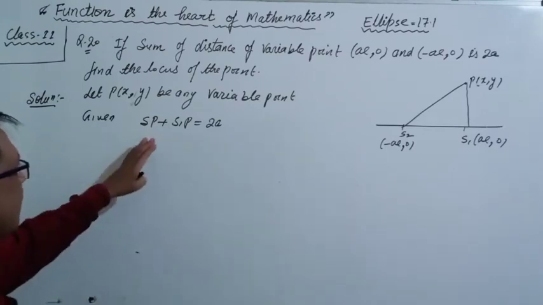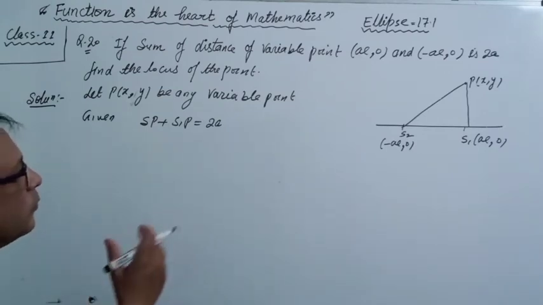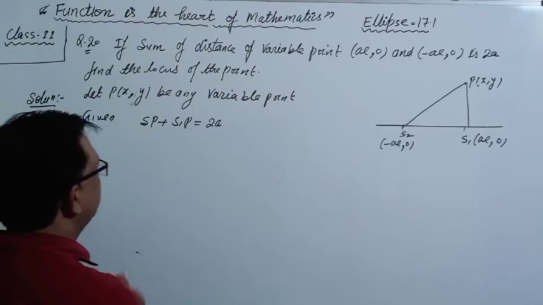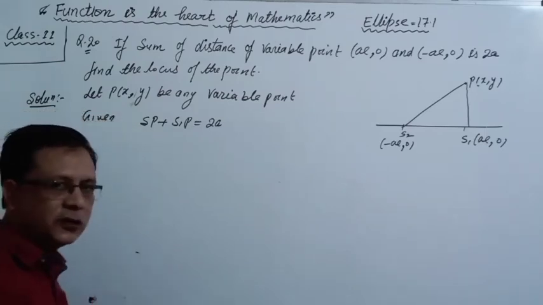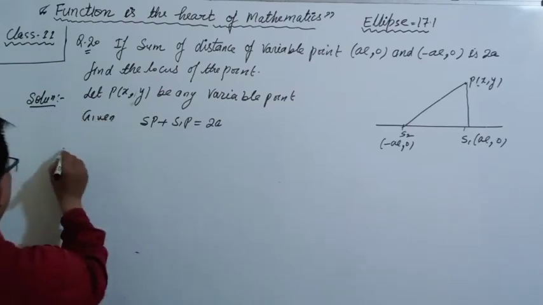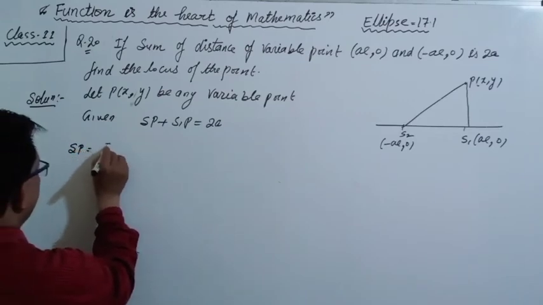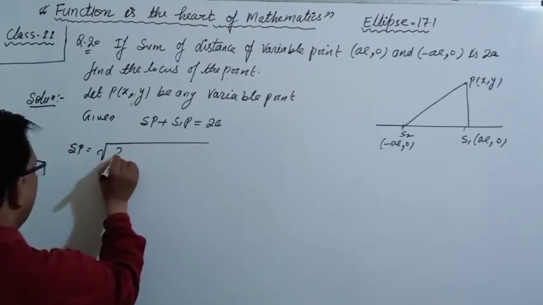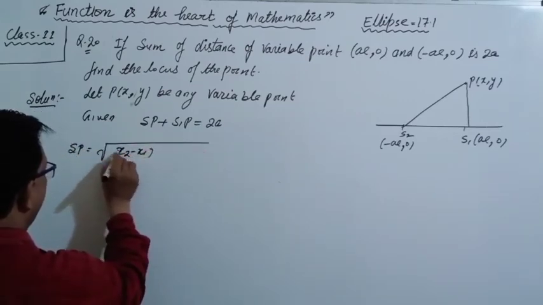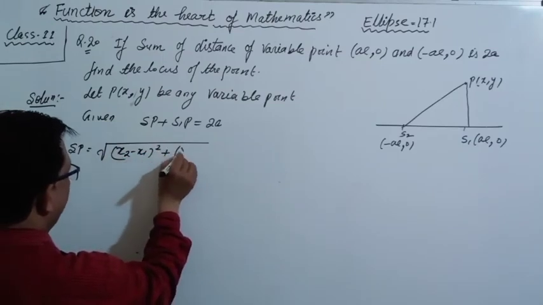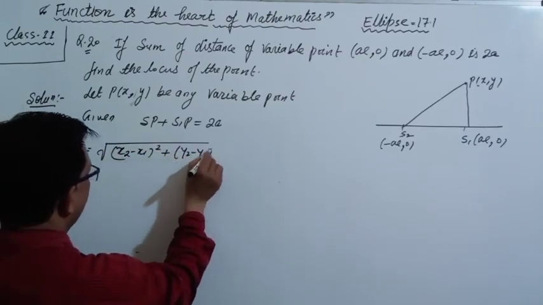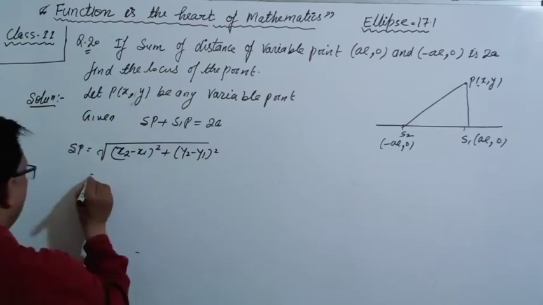Okay, this is given. Now we find S1P and S2P with the help of the distance formula. We separately write SP is equal to, here we use the distance formula, the square root of (x2 minus x1) whole square plus (y2 minus y1) whole square.